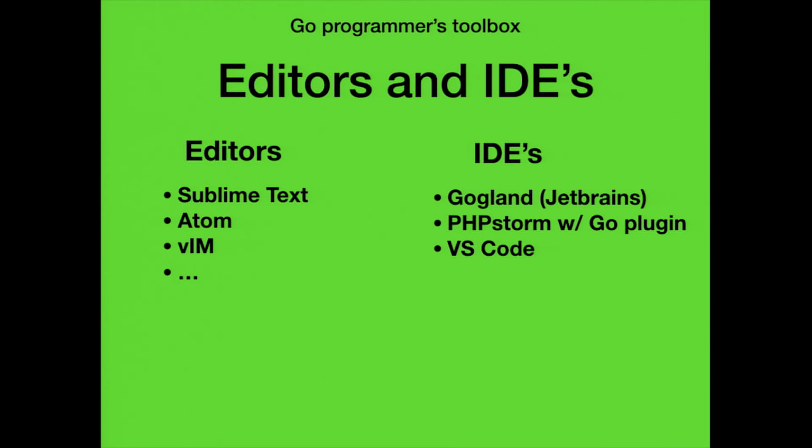It is very similar to PhpStorm, and PhpStorm also has a Go plugin. In fact, their Go IDE is a fork of the Go plugin for PhpStorm. Also, Visual Studio Code is my second favorite. It's really nice. It also has plugins for other languages, but Go really works well. There are probably more, but these are the ones I recommend.